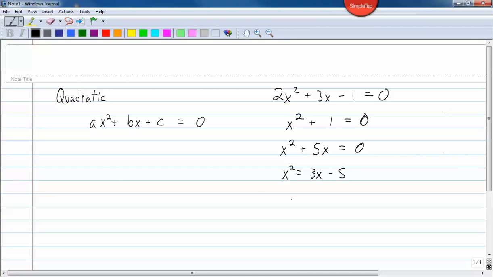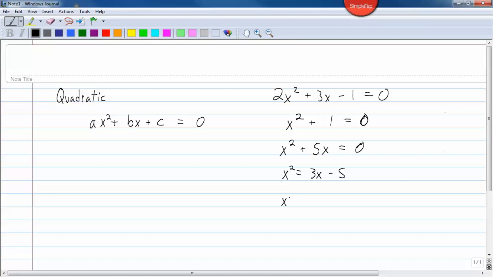If I have a choice and I have terms on both sides of the equation, I try to move everything to one side where the x squared or the first term will be positive, because usually if we're solving the quadratic equation, most of the methods prefer that the first term be positive.